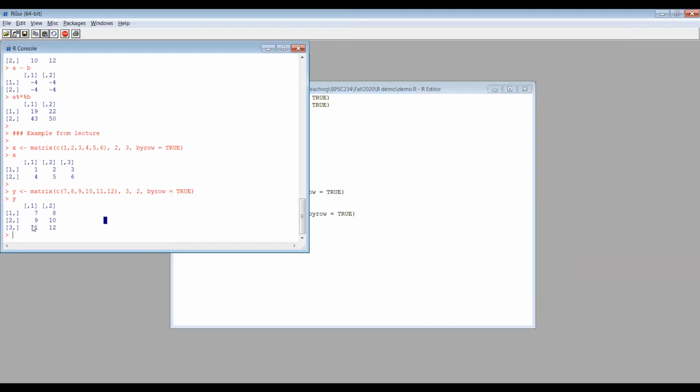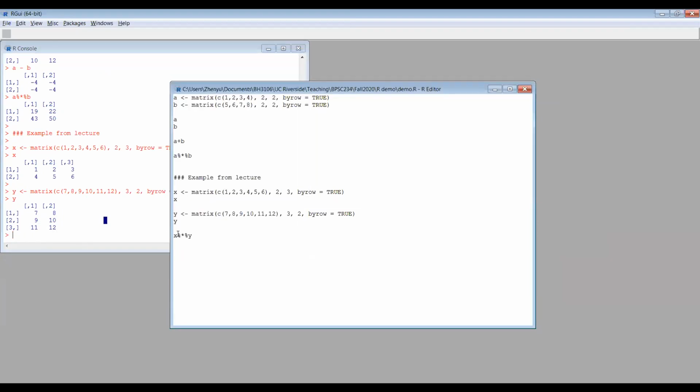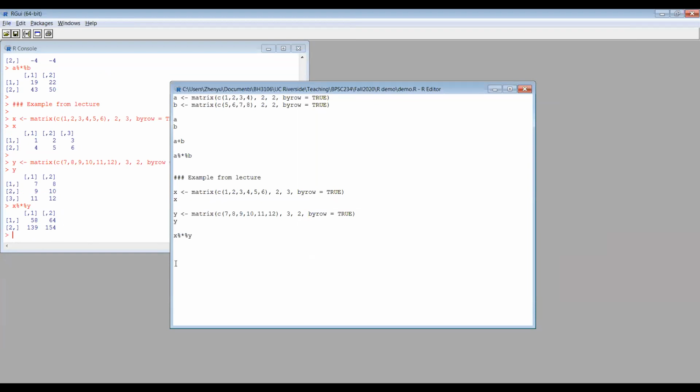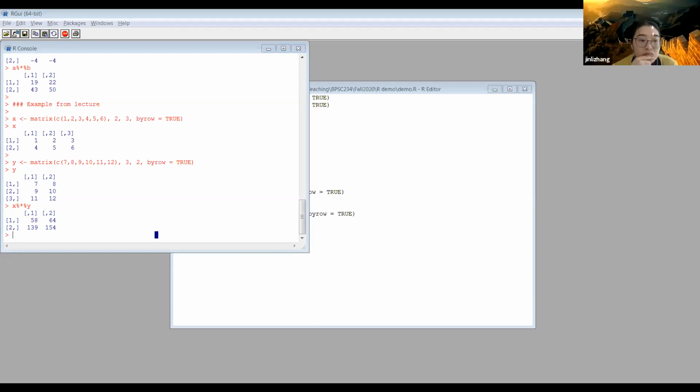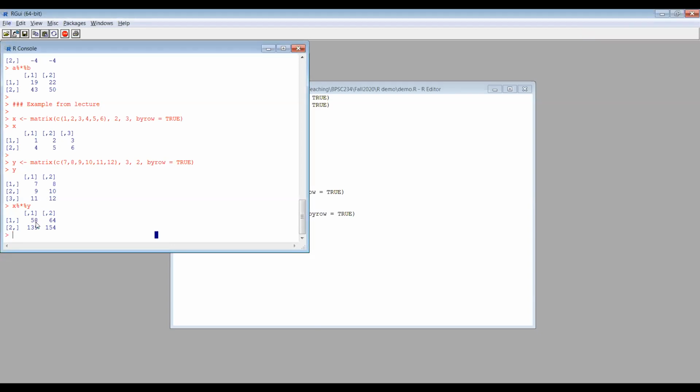We put 7, 8, 9, 10, 11, 12 into this matrix, and we do the multiplication. And when you check the answer, yes. In the lecture notes, I just calculated the first 2, and the first one is 58, and the second one is 64. So if you check your results, yes.